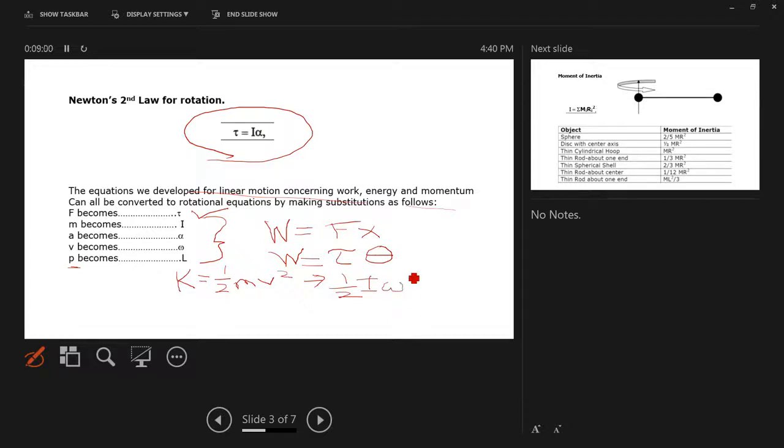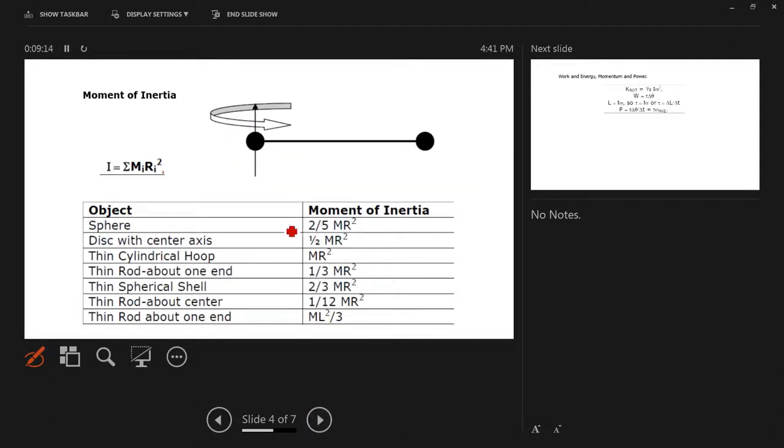So 1/2 I omega squared is rotational kinetic energy. Okay, well, you can find these formulas in Chapter 8. Let's jump ahead and take a look at this idea of moment of inertia.